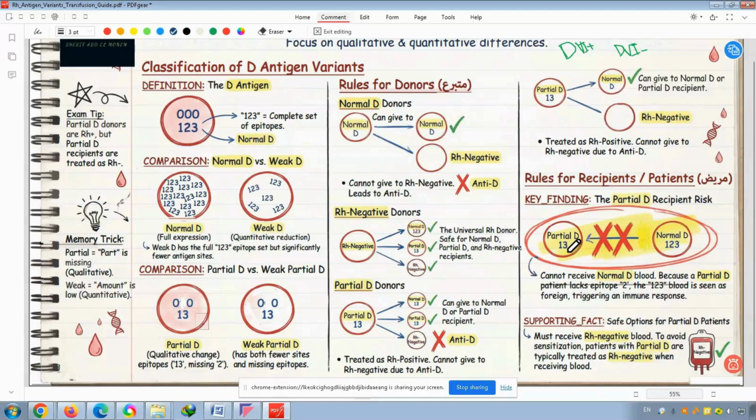If we have a patient or a recipient, what if the patient is of the partial type, the one where part of their antigen is missing?